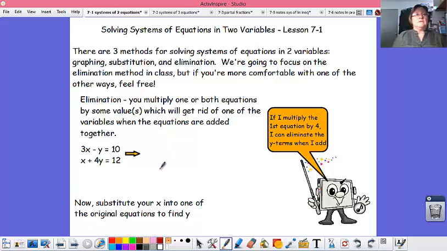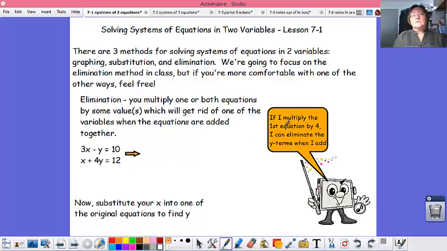But if we're going to solve this system of equations, elimination asks you to manipulate the equations by multiplying so that when you add the two together, you can eliminate one variable.